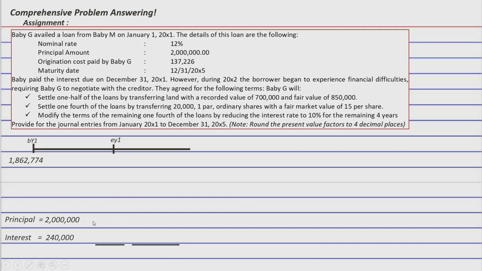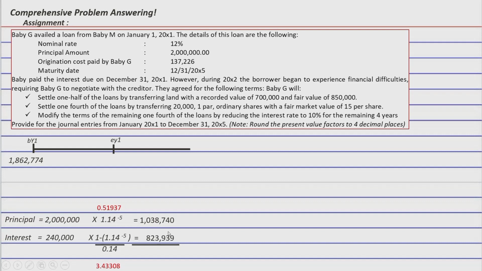Now, let's check if it will really result nearest to 1,862,774. So, this 1.14 raised to the power of negative 5 is actually 0.51937 times 2 million, and we will get a present value of 1,038,740. Now, the present value factor for this one here is 3.43308 times 240,000 equals 823,939.